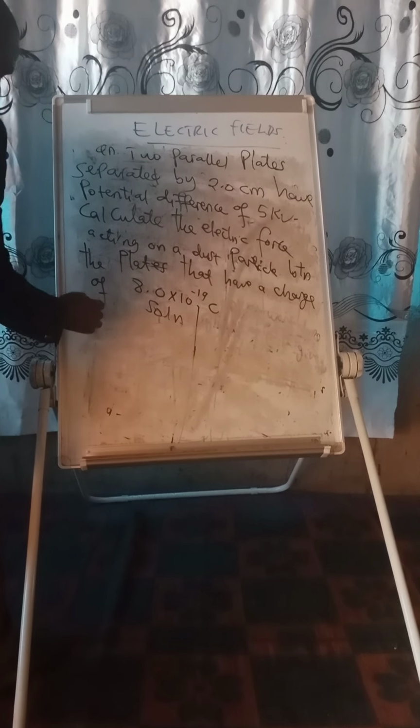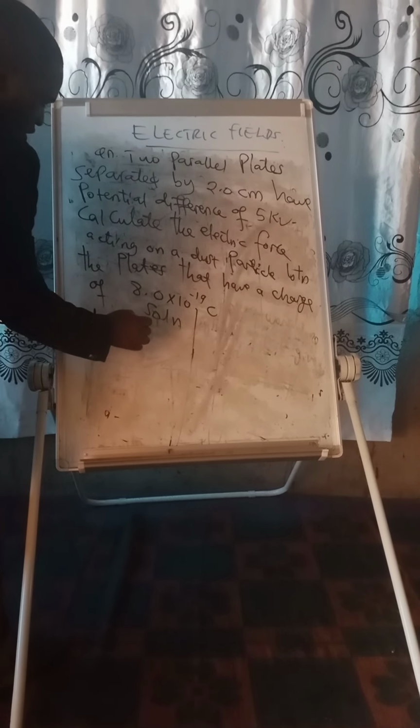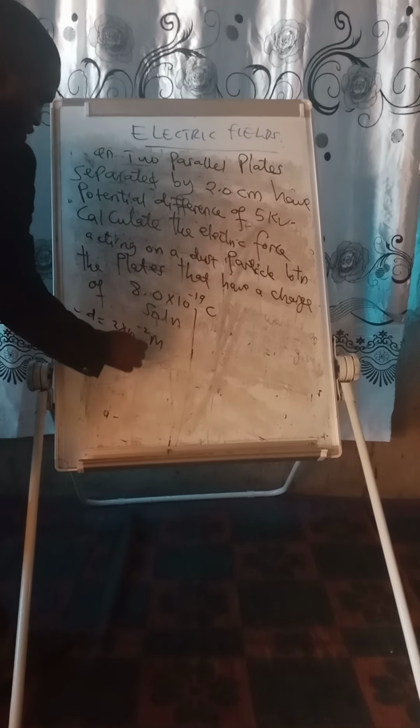So our solution. What we have here is D, which is 2 centimeters, so I have to convert it into meters, which will be 2 times 10 to the minus 2 meters. And also we have electric potential difference, which is 5 times 10 to the 3 volts.